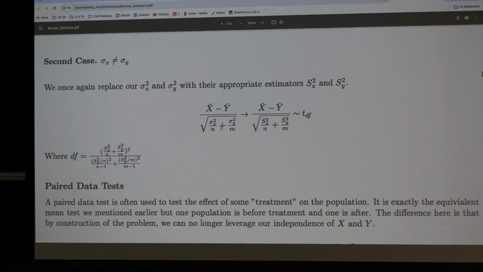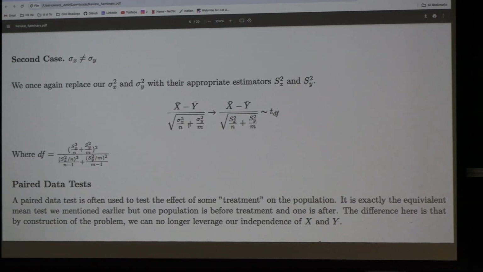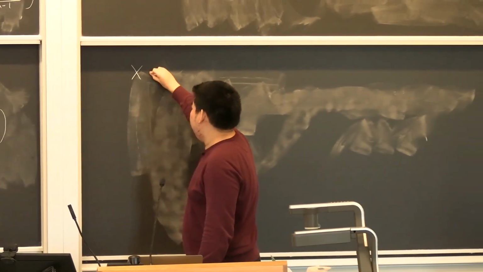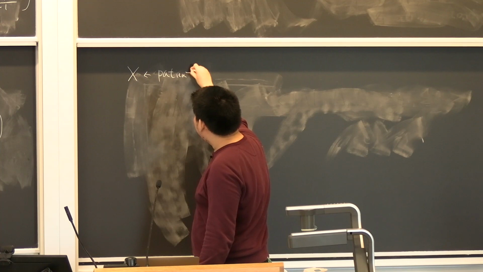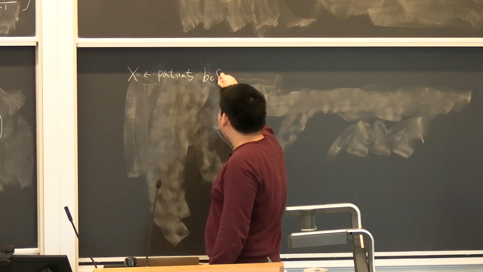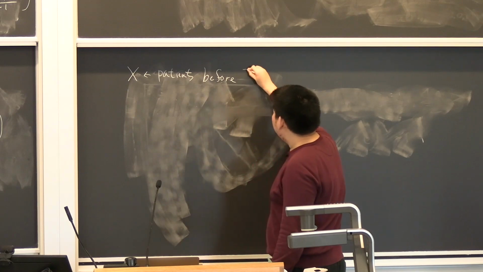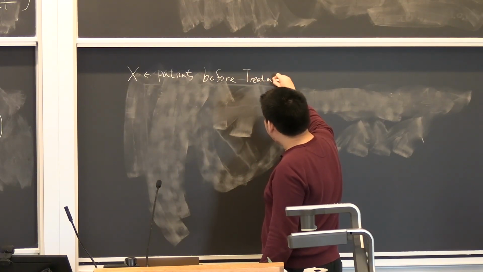Now, along with these two, we need to introduce a nuanced version of this population parameter testing, and that is the paired data test. The intuition behind the paired data test is that suppose you're a hospital and you're testing out a new treatment. Your population X is your patients before treatment.